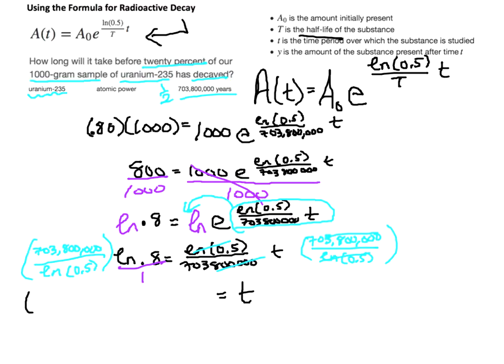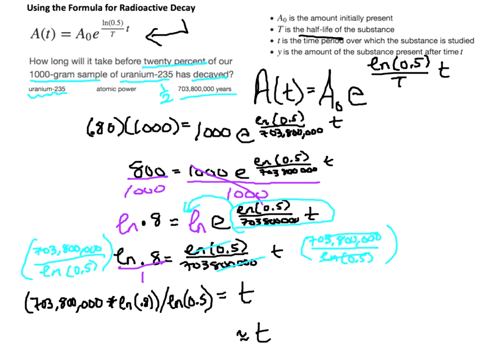So my numerator is going to be 703,800,000 times the ln of 0.8, you can put it in parentheses or just put 0.8. Close off my numerator and divide that by the ln. Open a parenthesis and put 0.5, close that parenthesis.